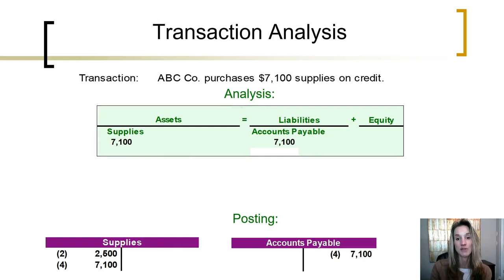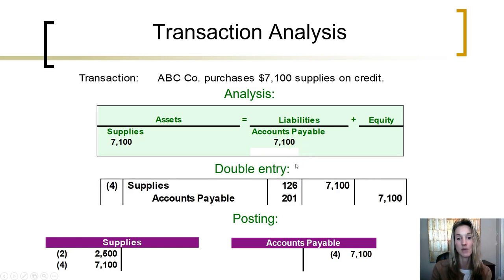ABC purchases $7,100 of supplies on credit. Supplies, asset, needs to increase. Liabilities need to increase. In the general journal, we prepare a journal entry. Debit the supplies account, increasing. Credit the accounts payable, to increase.